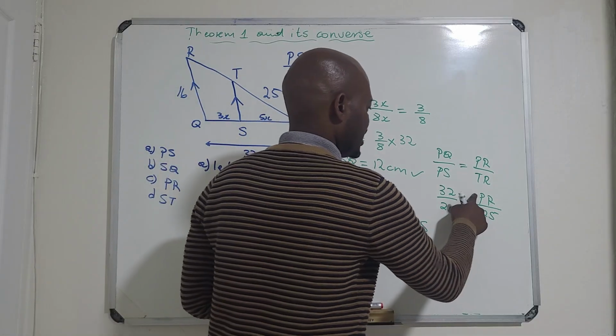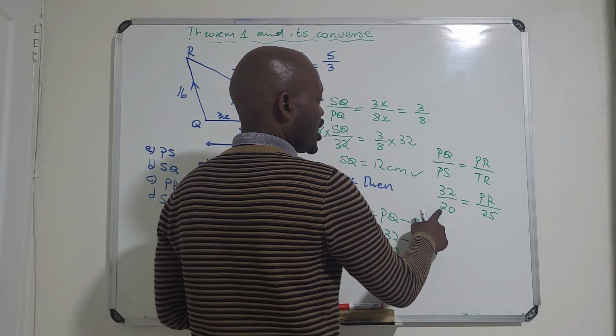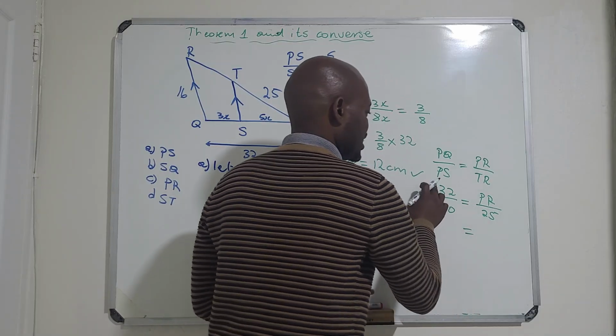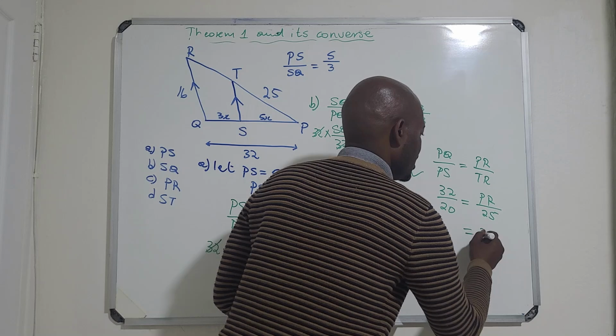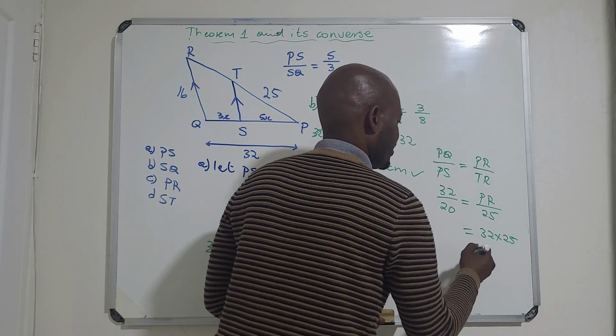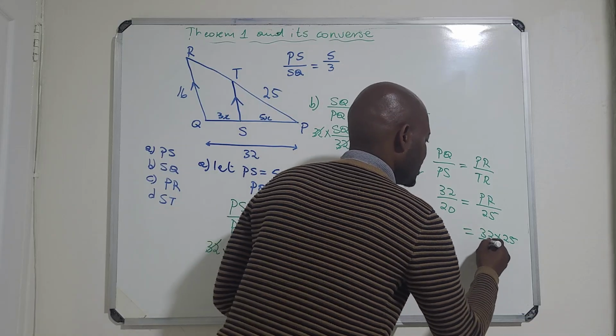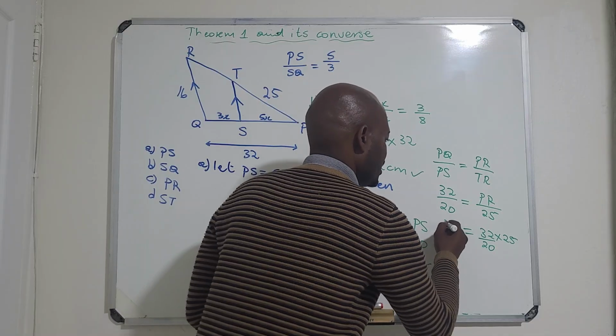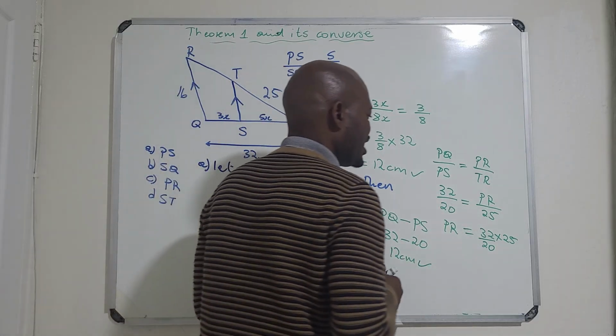Now, if I say this multiplied by this, I'm going to have 20 PR is equals to this times that, which is 32 times 25. But obviously, I'm going to divide by 20 to get PR. What did I do?